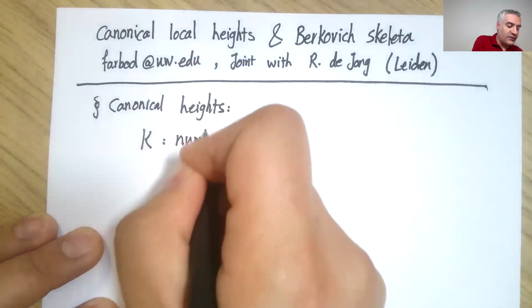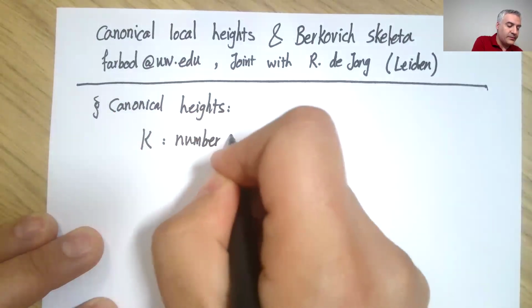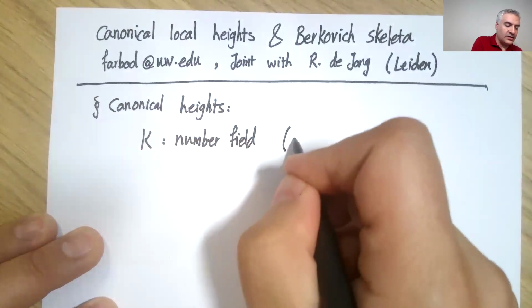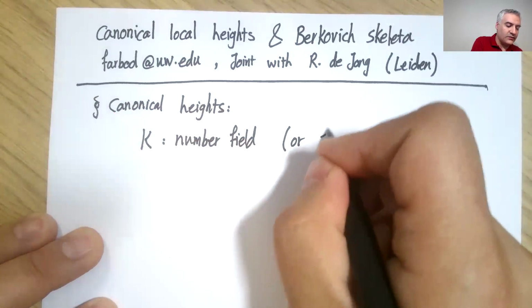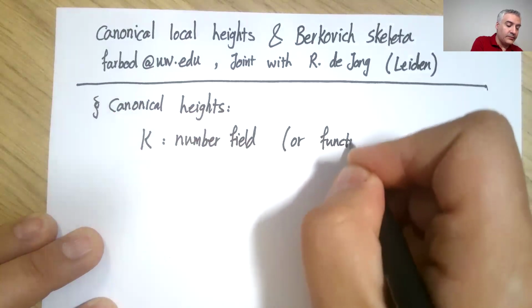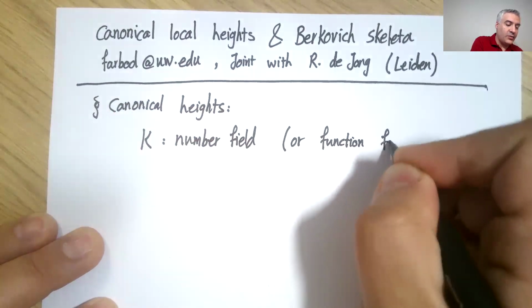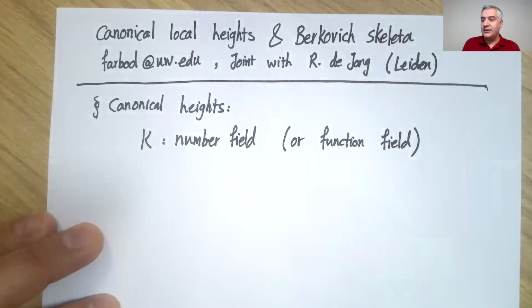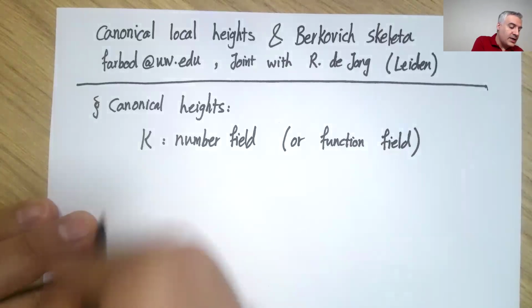You're welcome to think of a function field analog, and things are slightly easier for function fields if you're a geometer. Oh, by the way, there's a paper on the arXiv with the same title as this talk, if you want to look at more details.